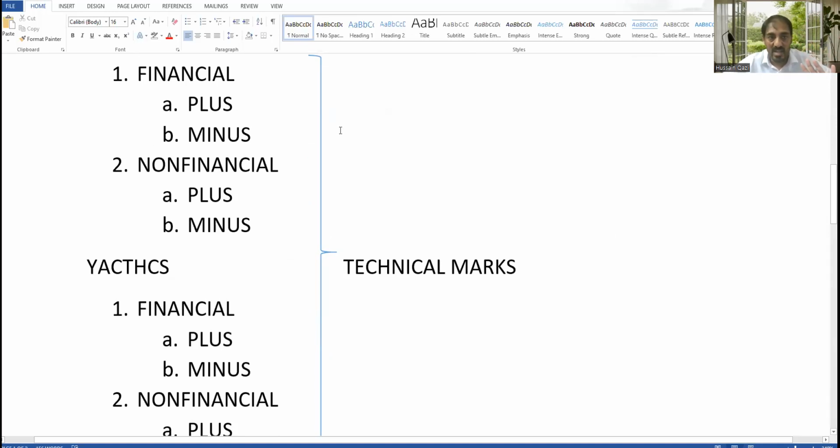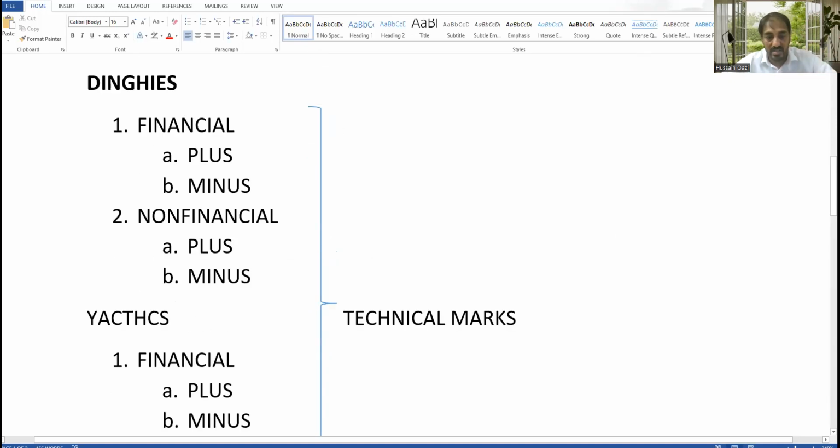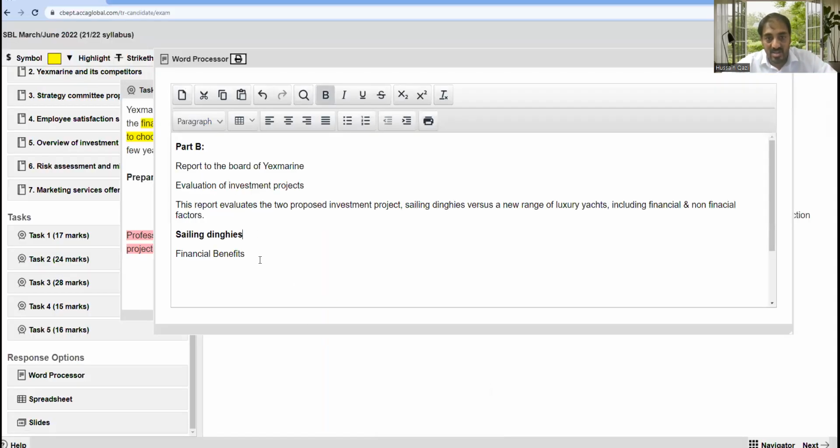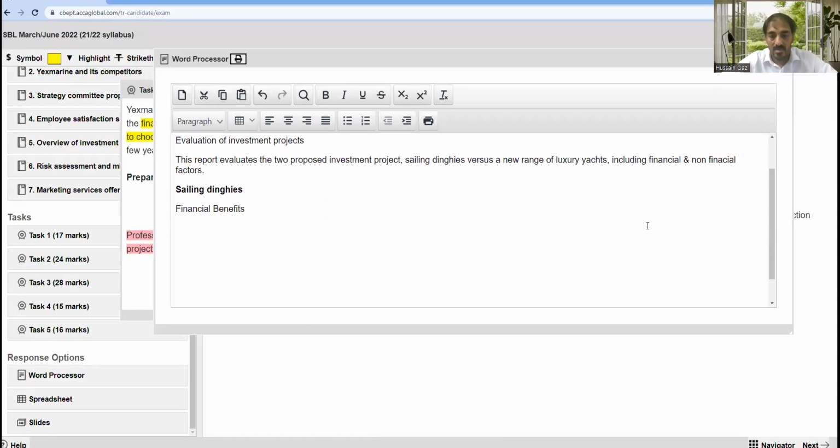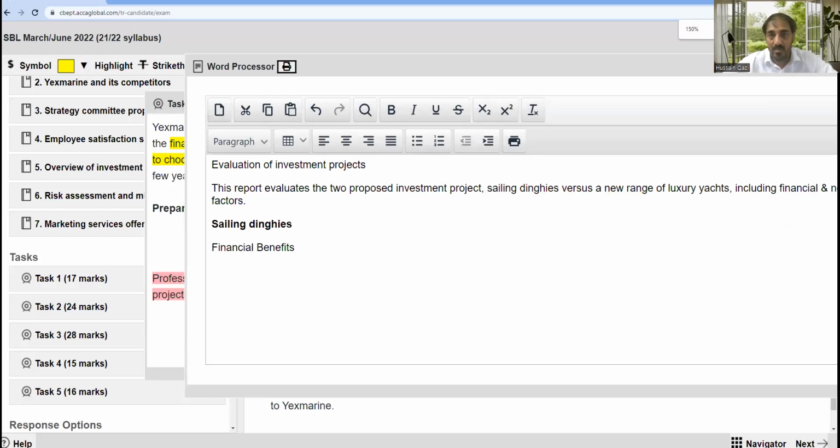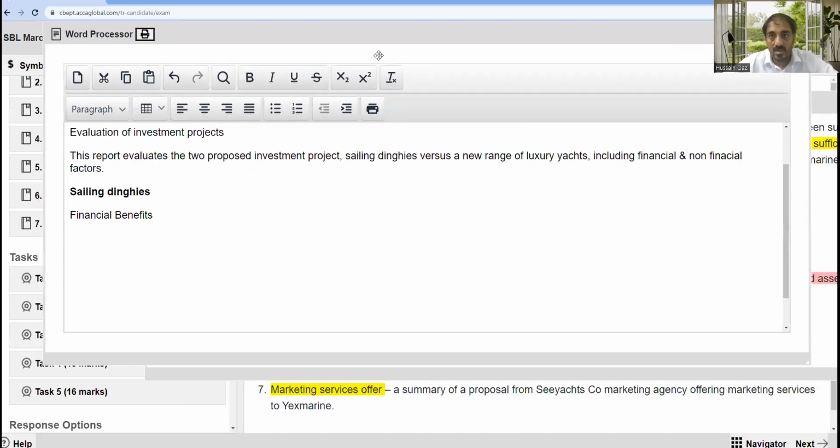Now with this structure you have to write, and exactly with the same structure we are writing. Can you all please reply to me? Are you people with me?